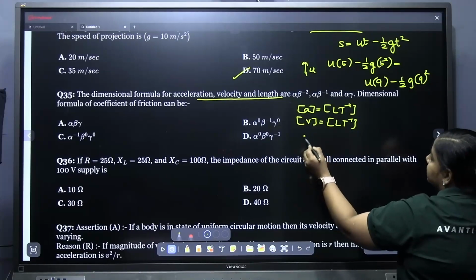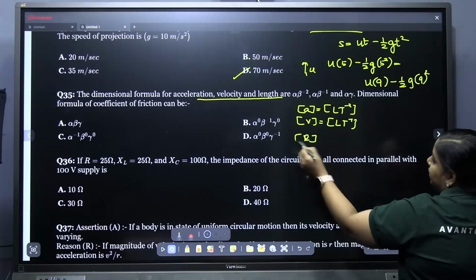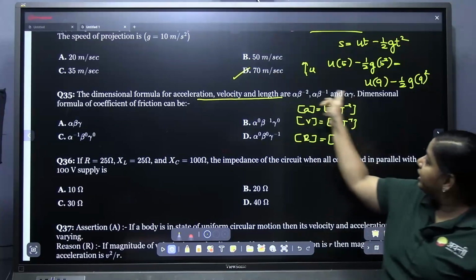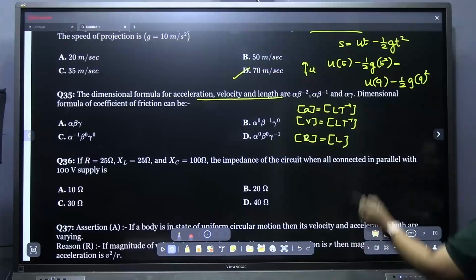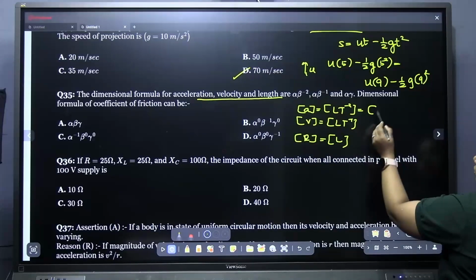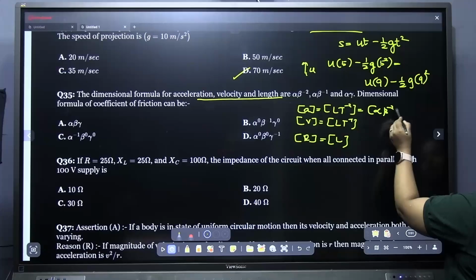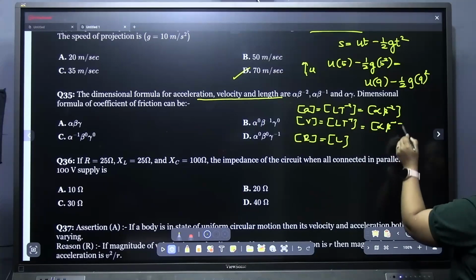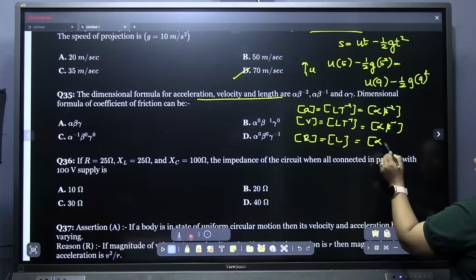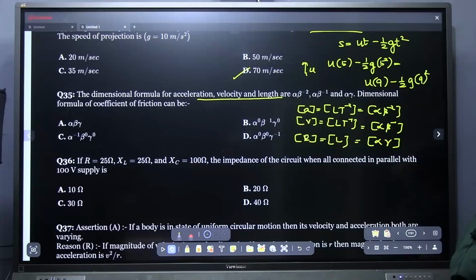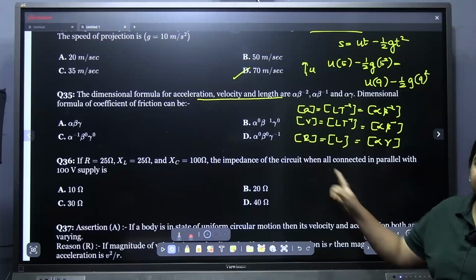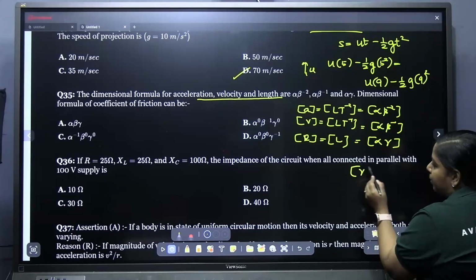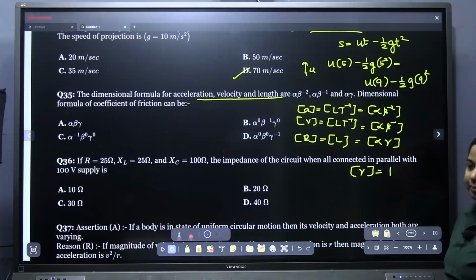And length dimension is just L. Comparing these, you will get this is equal to alpha beta minus 2, this is equal to alpha beta minus 1, this is equal to alpha gamma. From this, length is alpha, which means gamma dimension is equal to 1.